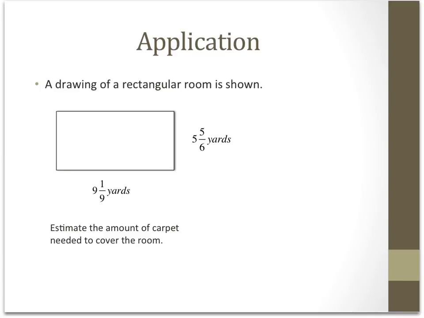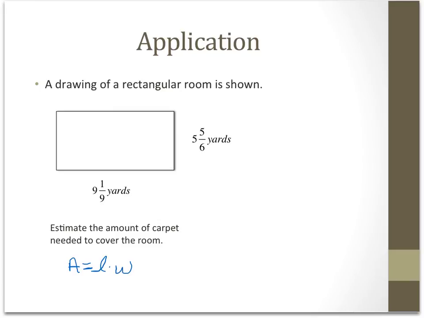So to find how much carpet I would need, I would need to find the area. So the first thing we need to know about area is that it is equal to length times width when we're working with rectangles. So basically I just need to multiply 9 1/9 times 5 5/6.